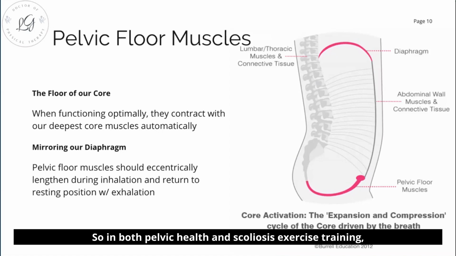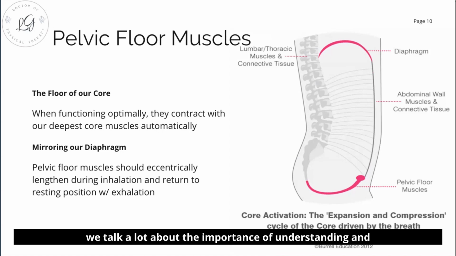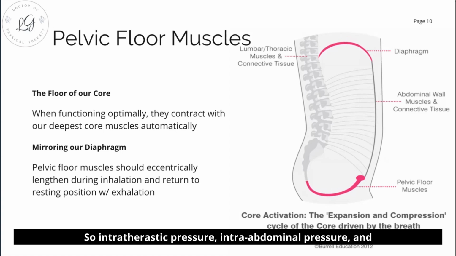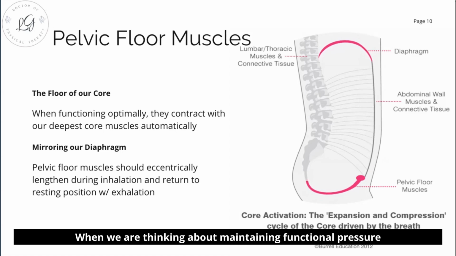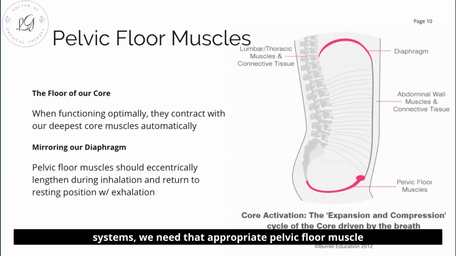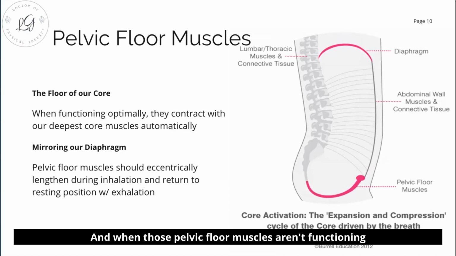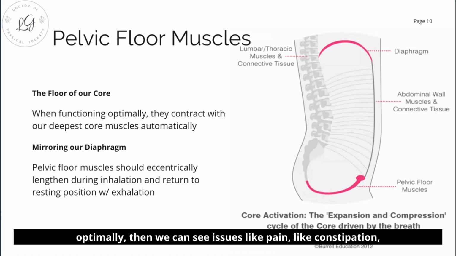So in both pelvic health and scoliosis exercise training, we talk a lot about the importance of understanding and using our pressure systems appropriately: intrathoracic pressure, intra-abdominal pressure, and how to manage those. When we are thinking about maintaining functional pressure systems, we need that appropriate pelvic floor muscle function. And when those pelvic floor muscles aren't functioning optimally, then we can see issues like pain, like constipation, like leaking.